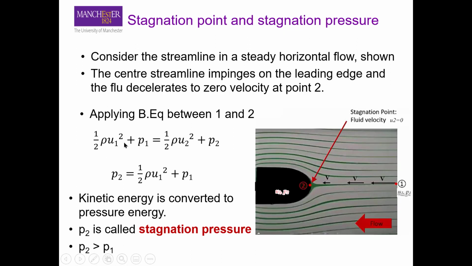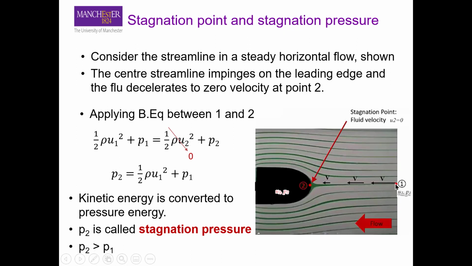Then you have the dynamic pressure term and the static pressure at point 1, and the same at point 2. As we know, at point 2 the velocity is 0 because the fluid is stagnant, or the fluid stops here, so we can write u2 as 0. Then we have the final equation: P2 is equal to the sum of the dynamic pressure plus the static pressure from point 1. Okay.